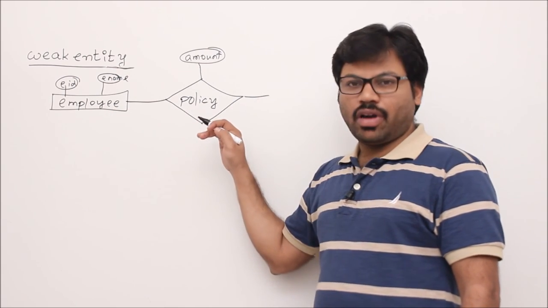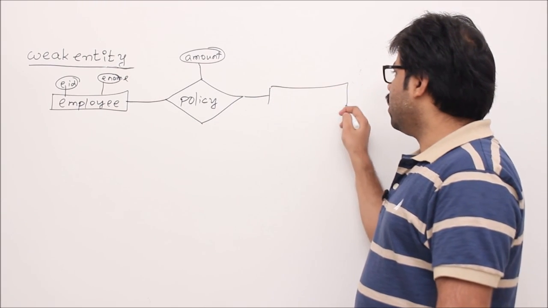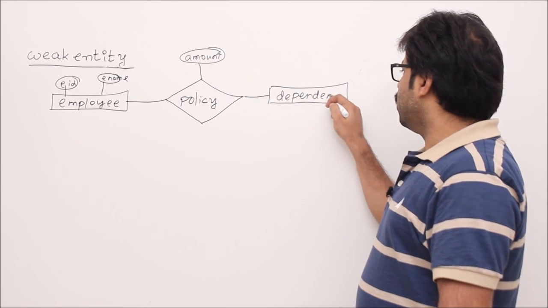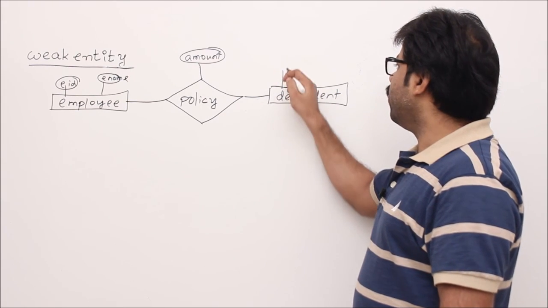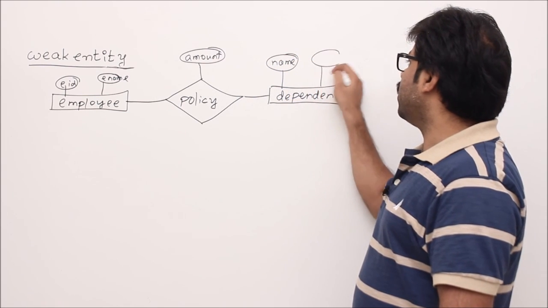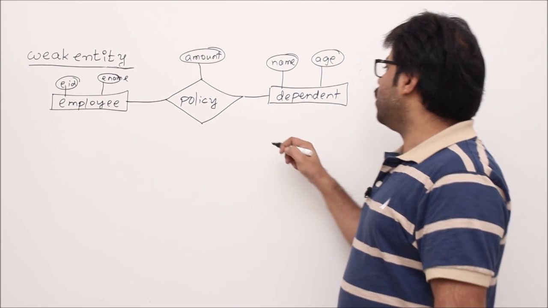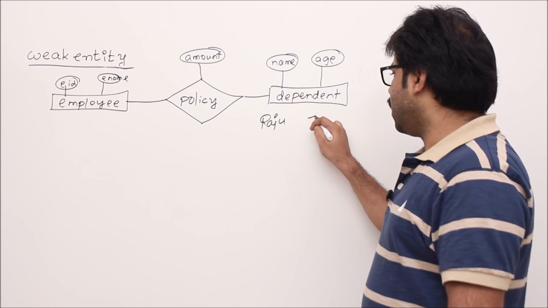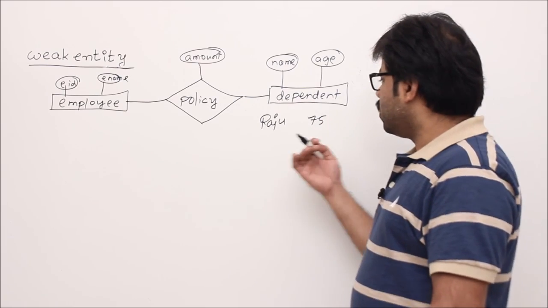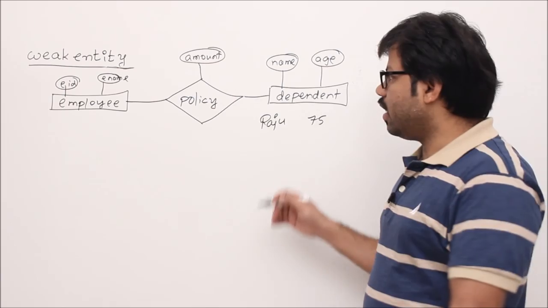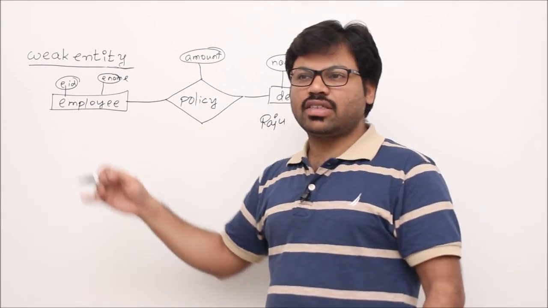The employee is going to take the policy on some dependents, correct? Now focus on these dependents. Every dependent will have some name and age. Example, let's say Mr. Raju is a dependent and his age is 75. Now just think about him. Raju is a dependent of whom? Whenever there is an employee, we never ask that.